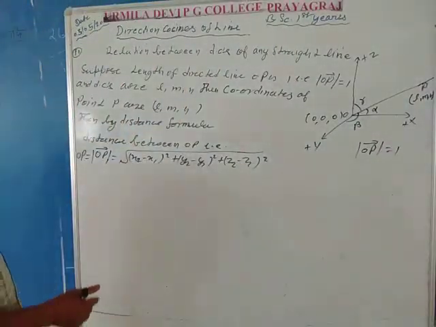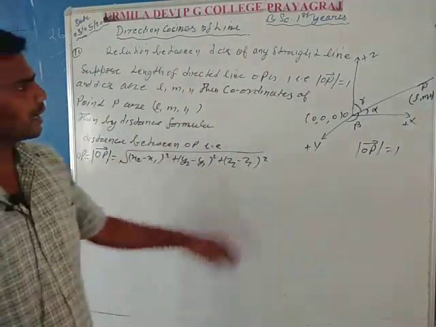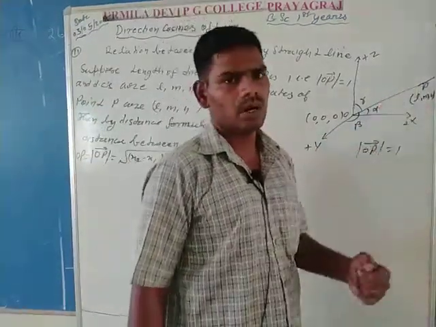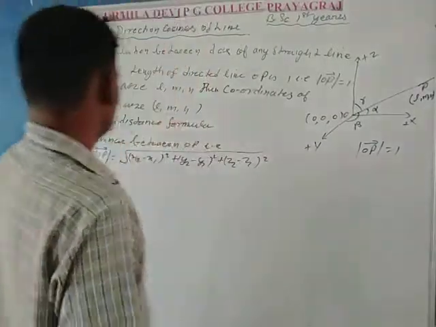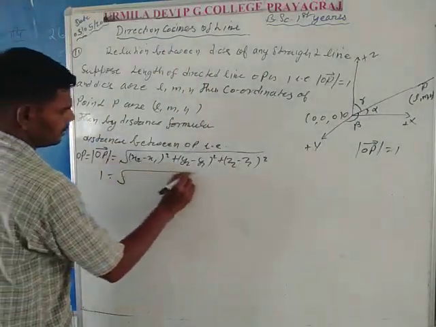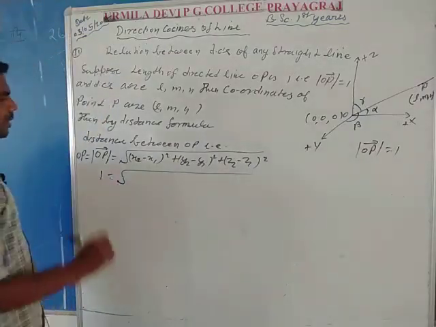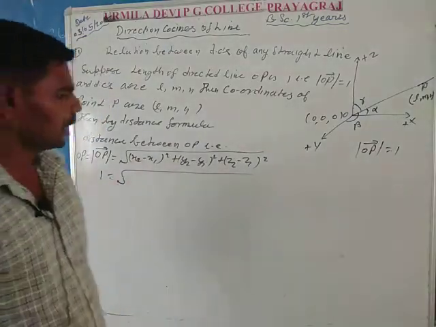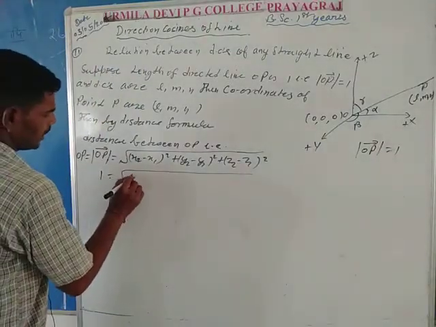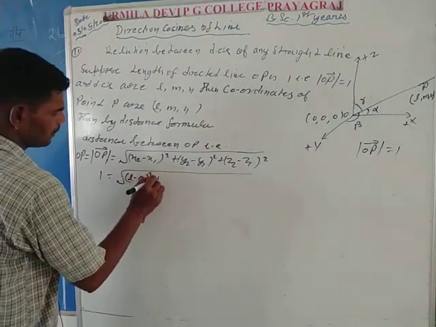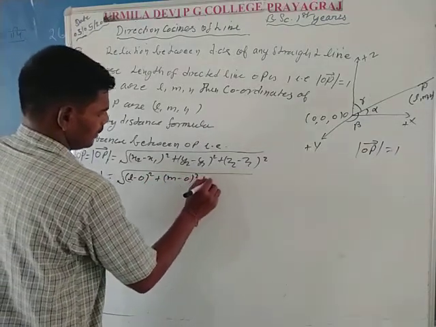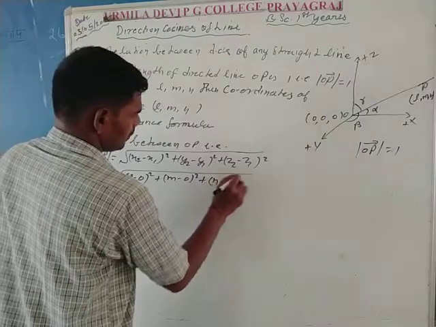Putting these values, and given that the length of OP, mod of OP, is equal to 1, on the left hand side putting 1 and on the right hand side putting the values: l minus 0 whole square, m minus 0 whole square and n minus 0 whole square.